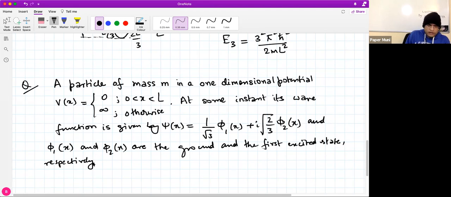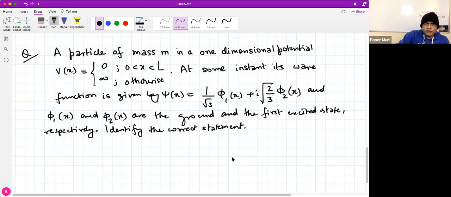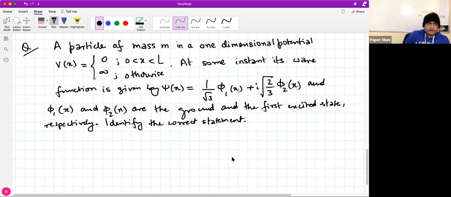All right, so identify the correct statement.